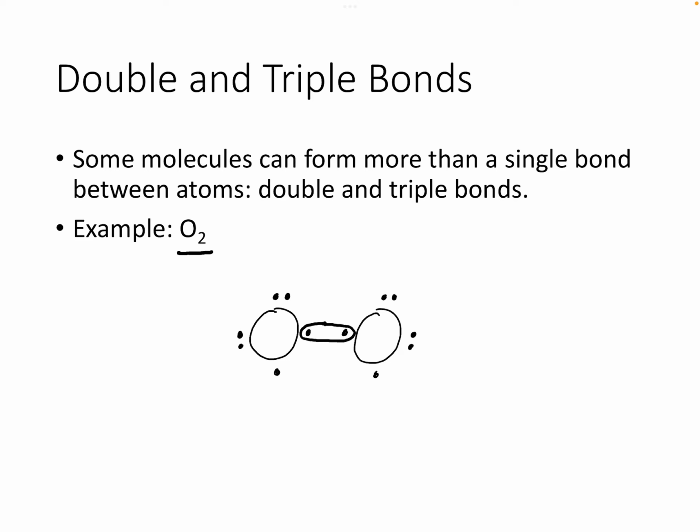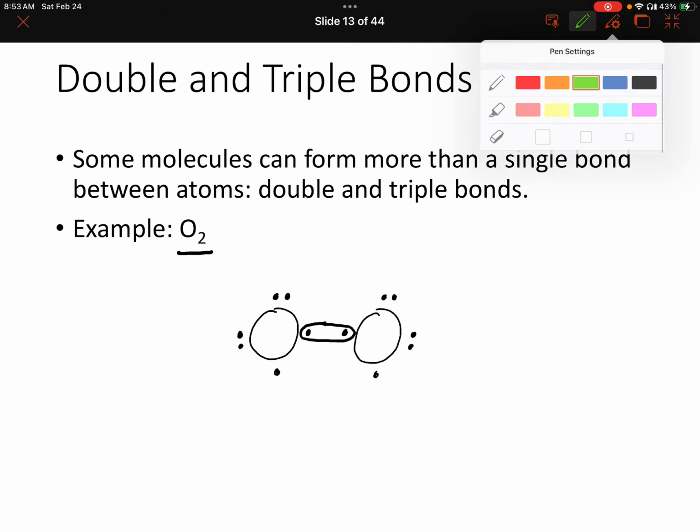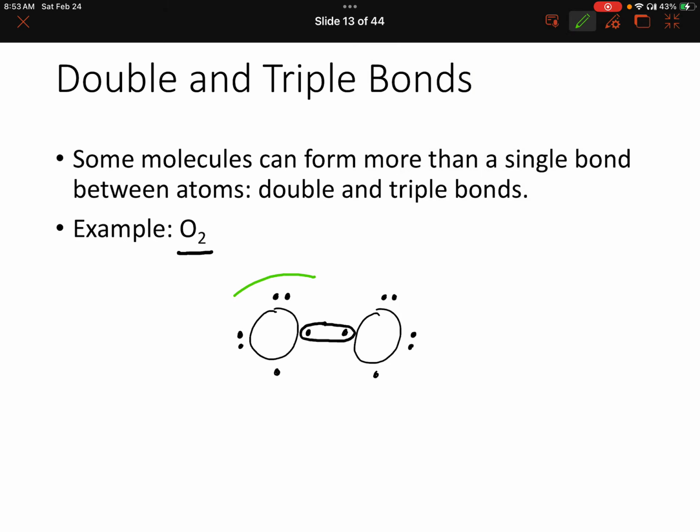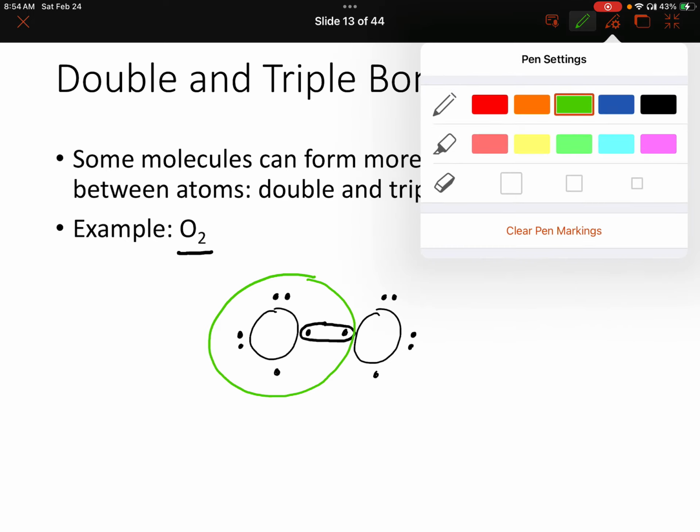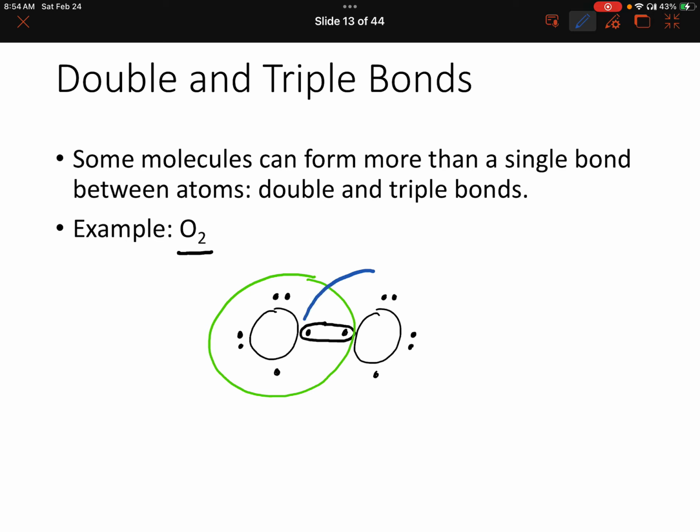However, that's not enough for each oxygen, right? So if we look at the oxygen on the left, it only has 1, 2, 3, 4, 5, 6, 7 electrons. And that's going to be the same for the oxygen on the right. That one only has 7 valence electrons.